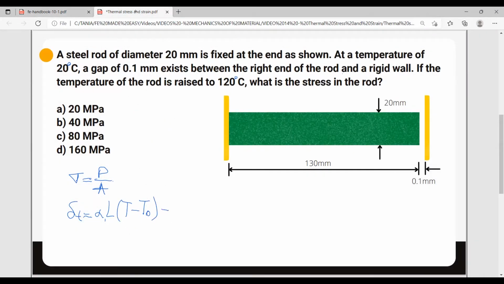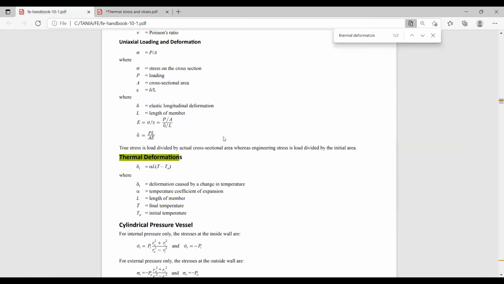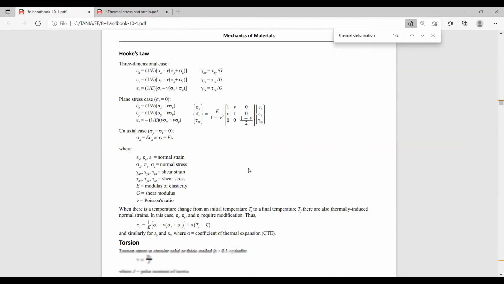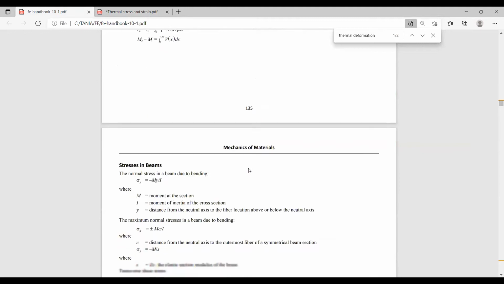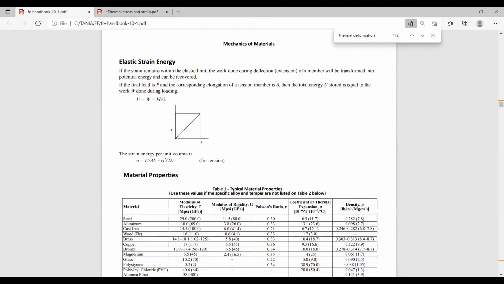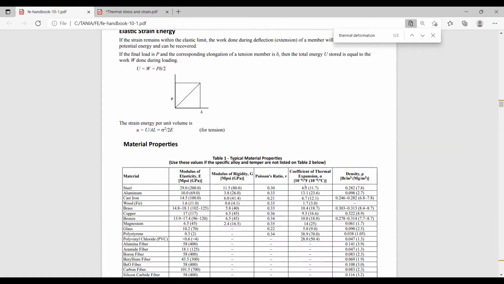Let's go and see how much alpha is. We have a steel rod, and let's go ahead and look for it. We're going to go down at the end of this section, mechanics of materials. They provide you with a table where you can find these coefficients. Here is the coefficient of thermal expansion, and in our case it is 11.7 times 10 to the minus 6 per degree Celsius.